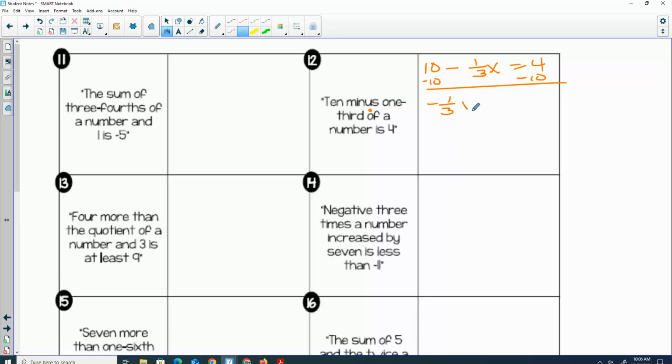So negative 1/3 x equals negative 6. How do we get rid of that negative 1/3? Flip it. You can multiply by -3 or divide by -1/3. And we should get positive 18. Okay, does anyone need help putting that in their calculator or figure out?